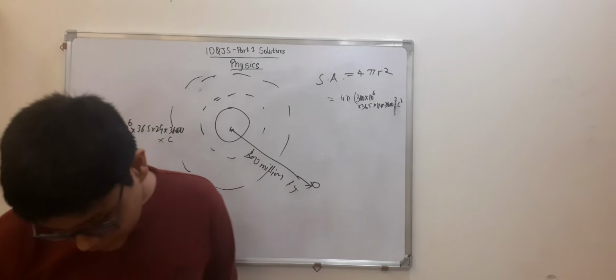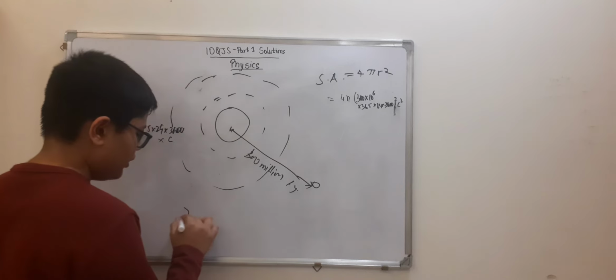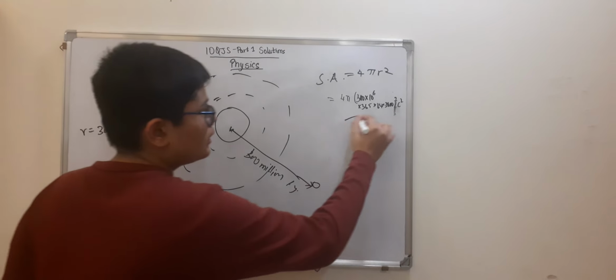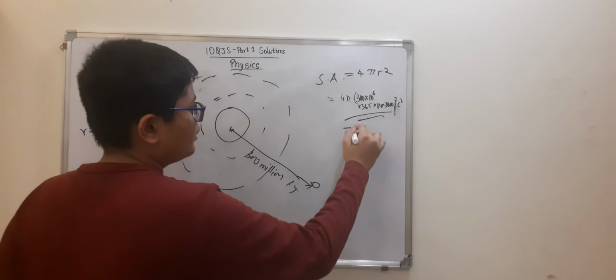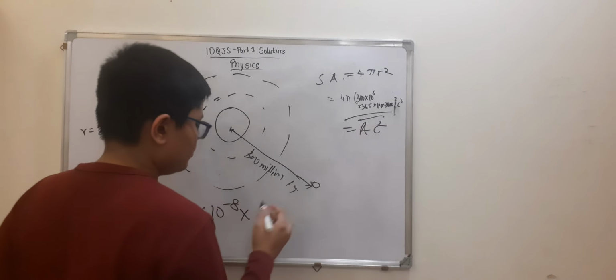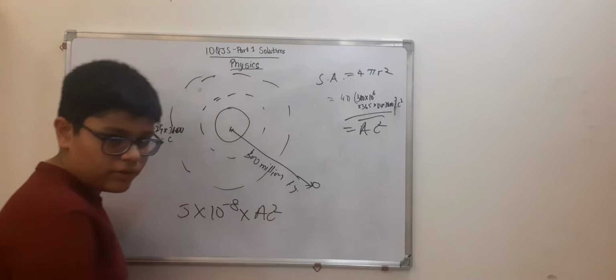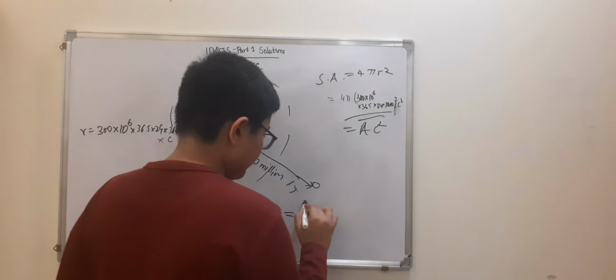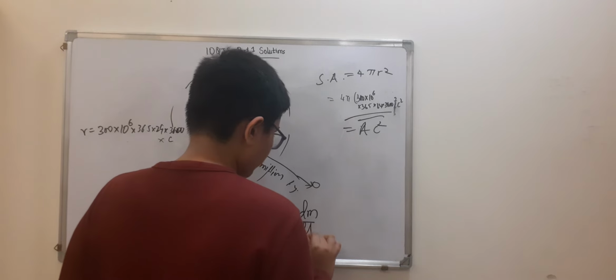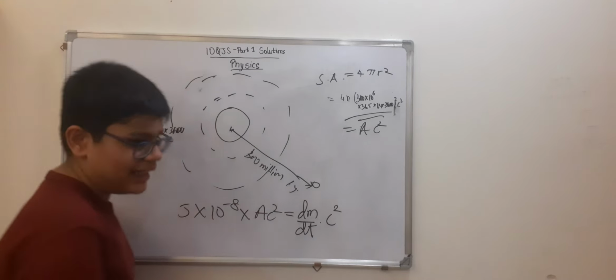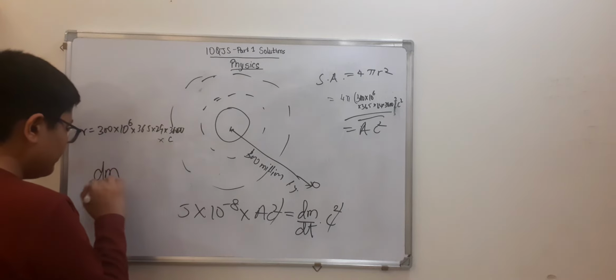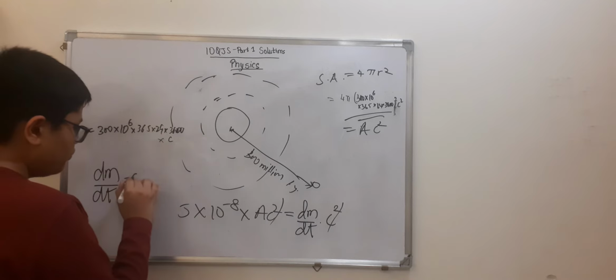Okay, now we can write that as 5 into 10 to the power minus 8 into this thing. Suppose writing this as a into c square, this will be equal to dm by dt into c square. So as I told you, c square and c square will cancel, and then you will directly get dm by dt is equal to 5.